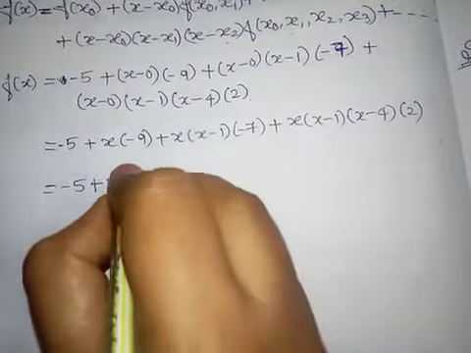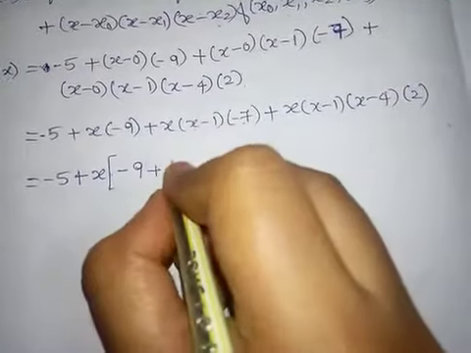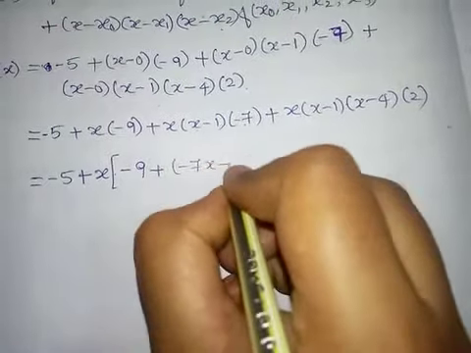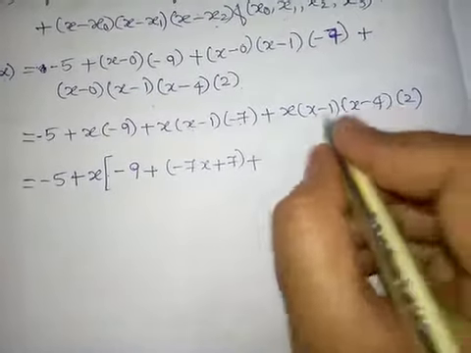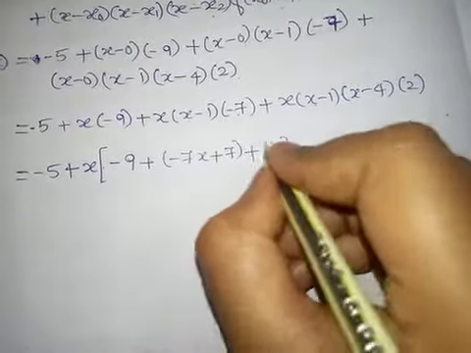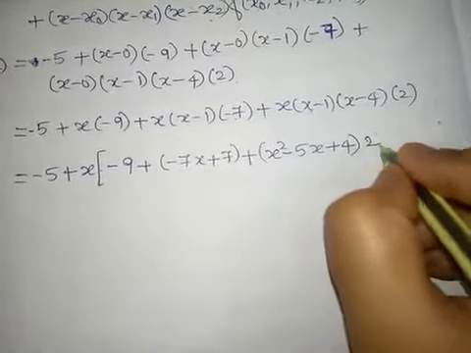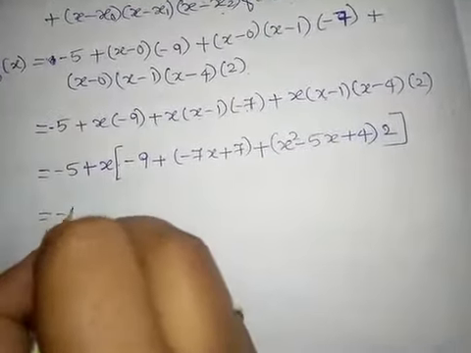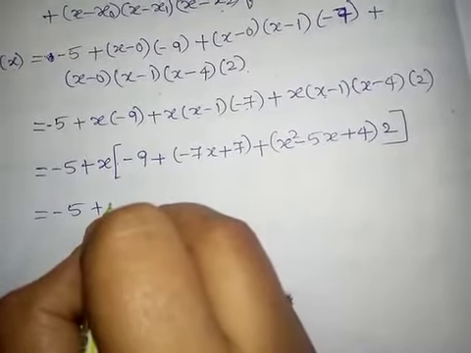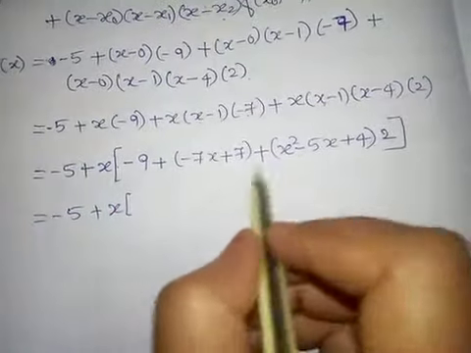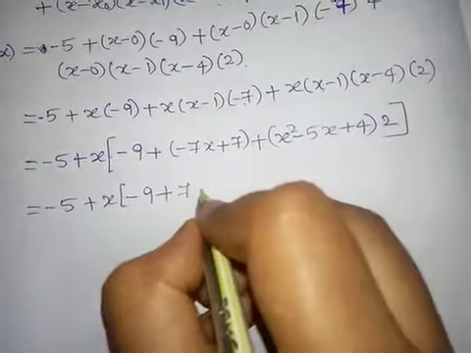I will take it out, minus 9 is remaining, plus simplify this one, we will get minus 7x plus 7, plus I am taking this out, then simplify this, we will get x square minus 5x plus 4 into 2, which is equal to minus 5 plus x into minus 9 plus 7 minus 7x.